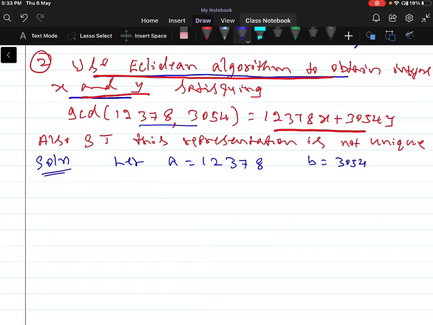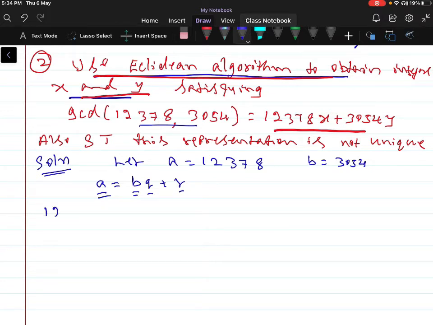Now by using division algorithm, a can be written as bq plus r, where q and r are the quotient and remainder respectively when a is divided by b.